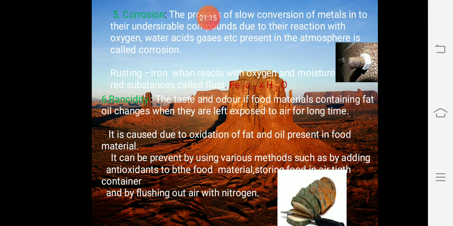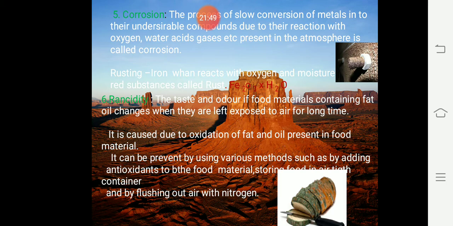In that also they may directly ask what is meant by oxidation or reduction. And neutralization is also very important. Some questions arise about rancidity, such as which food gets more rancid, and which antioxidants are used to prevent rancidity in some food items.